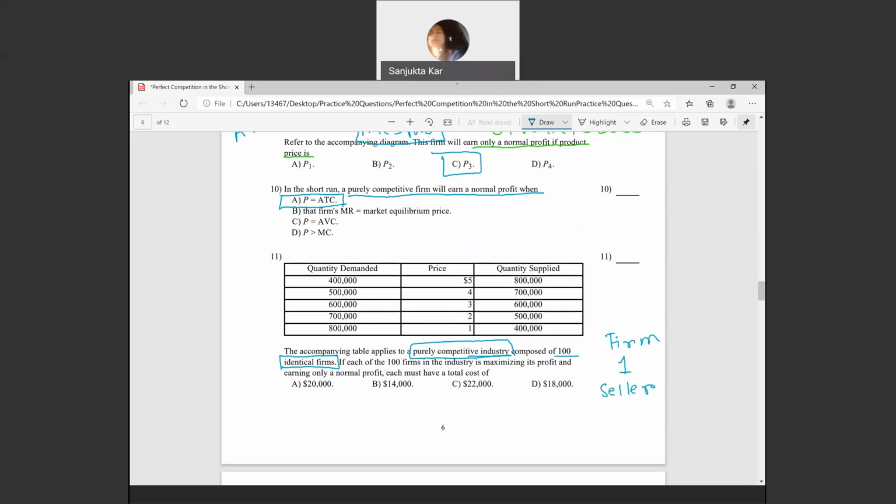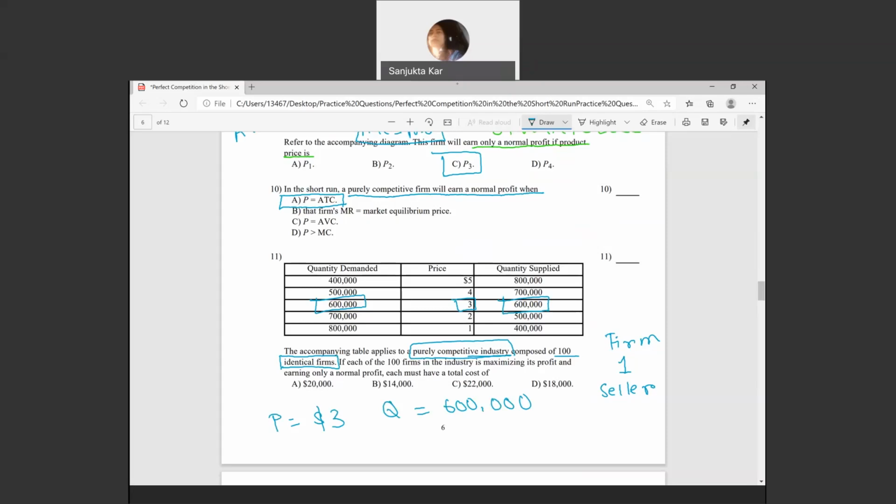So look at the quantity demanded and quantity supplied. The equilibrium price is $3 and equilibrium quantity is equal to 600,000. What's the question asking us?